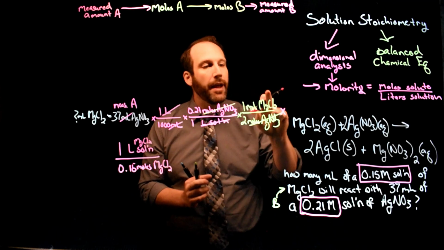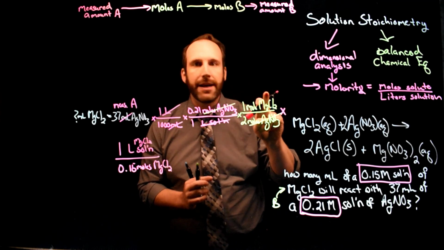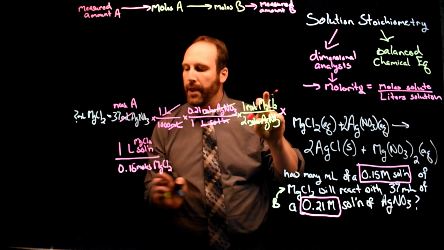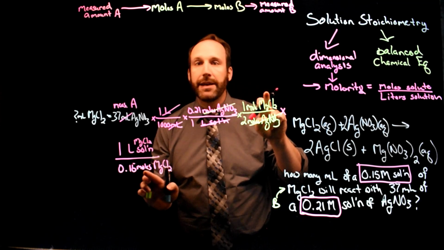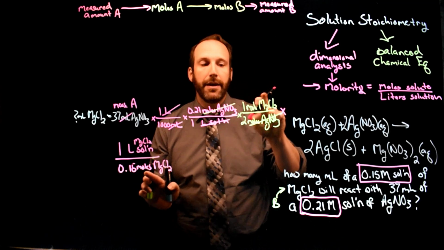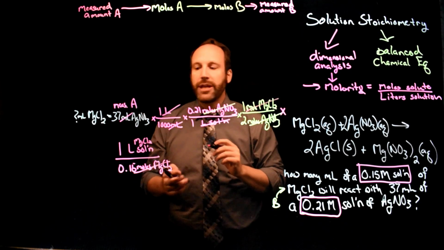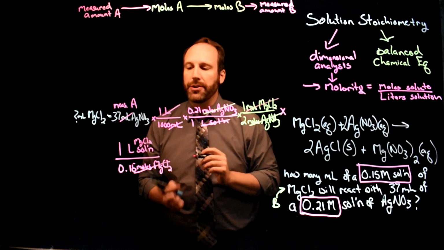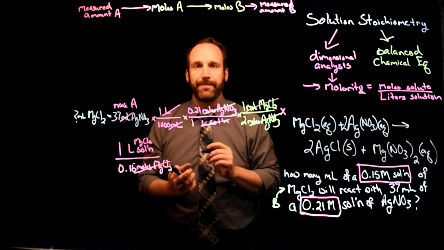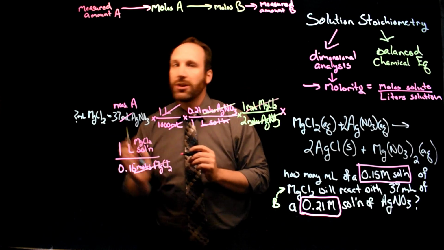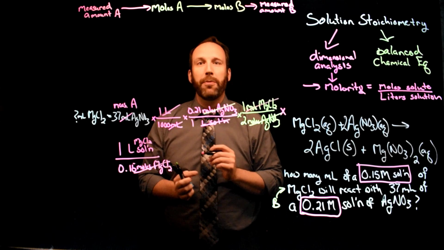I put the 0.15 moles on the bottom of that fraction. Why did I do that? Because I've got moles of MgCl2 on the top here. And now that I've got moles of MgCl2 on the bottom here, those units cancel. And now the only units that I have left is liters of MgCl2 solution, right? And that's getting really close to what my original problem was looking for.